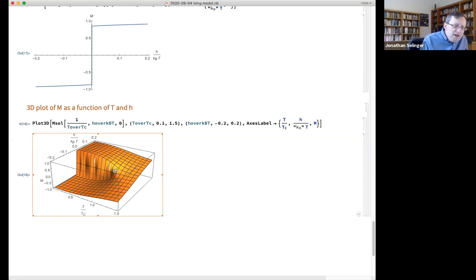That's a special point where this plot splits up into a negative part and a positive part, and there's a discontinuity in between. Right near the critical point, it's a small discontinuity. As you go farther away from the critical point at low temperatures, it's a big discontinuity.